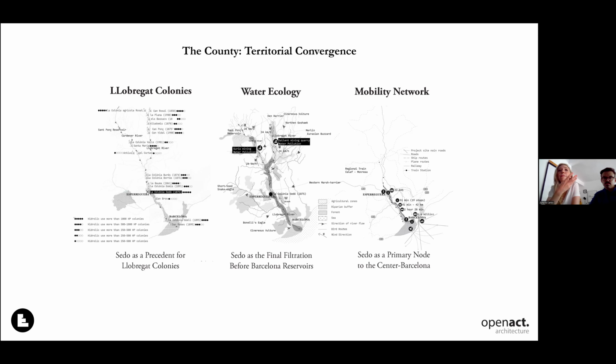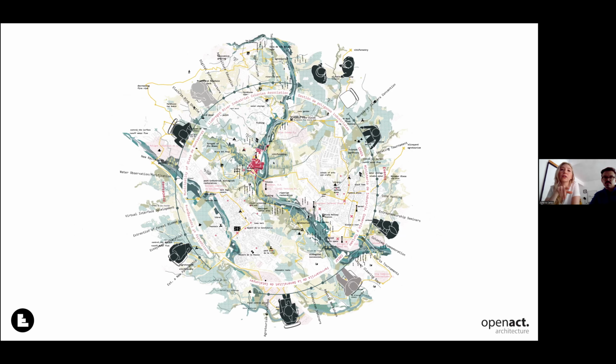But it also allowed these smaller towns around the industrial colonies to be connected to the center, to Barcelona, much more.